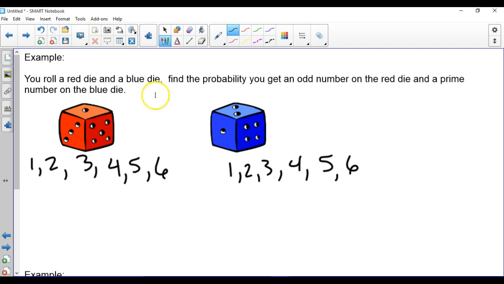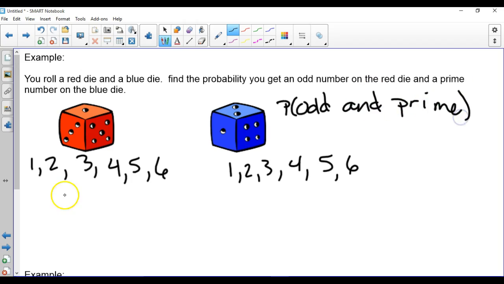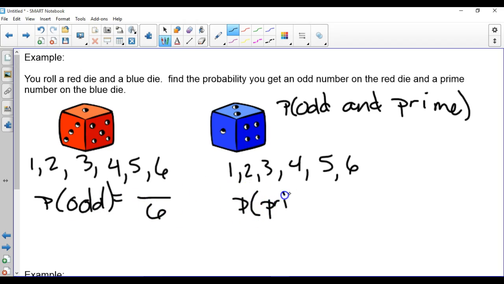Remember, our goal is to find the probability of odd and prime. Odd on the first dice, prime on the second. But individually, we'd have probability of getting an odd number. Well, there's 6 total, so that's what the bottom of our fraction would be. Probability is always total on the bottom. So same thing for prime, there's 6 total.